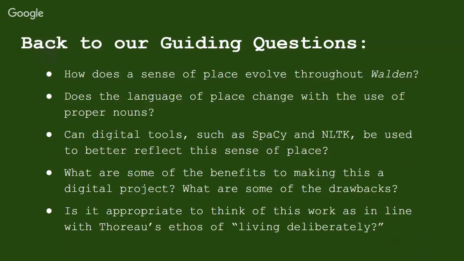So is it appropriate to think of this work as in line with Thoreau's ethos of living deliberately? That's something that we started with, but that is not a question that can be concluded from this project. That is a question that is independent in itself. I tried to consider that the whole time while looking through everything, and that's a lot.